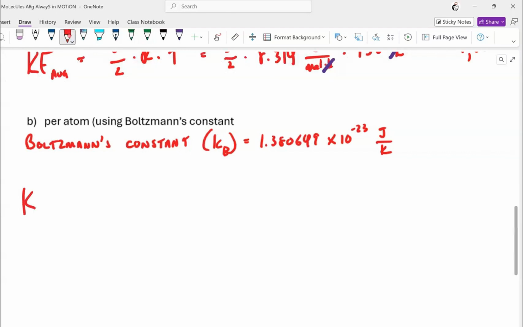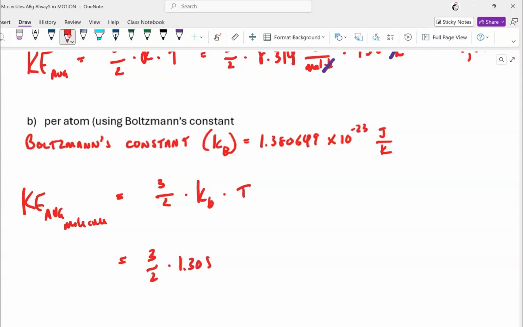Our average kinetic energy, in this case per atom or molecule, since it works the same way, we're going to use this equation, 3/2 times Boltzmann's constant times our temperature T. Well, Boltzmann's constant is right here, 1.380649 times 10 to the negative 23rd joules per Kelvin.